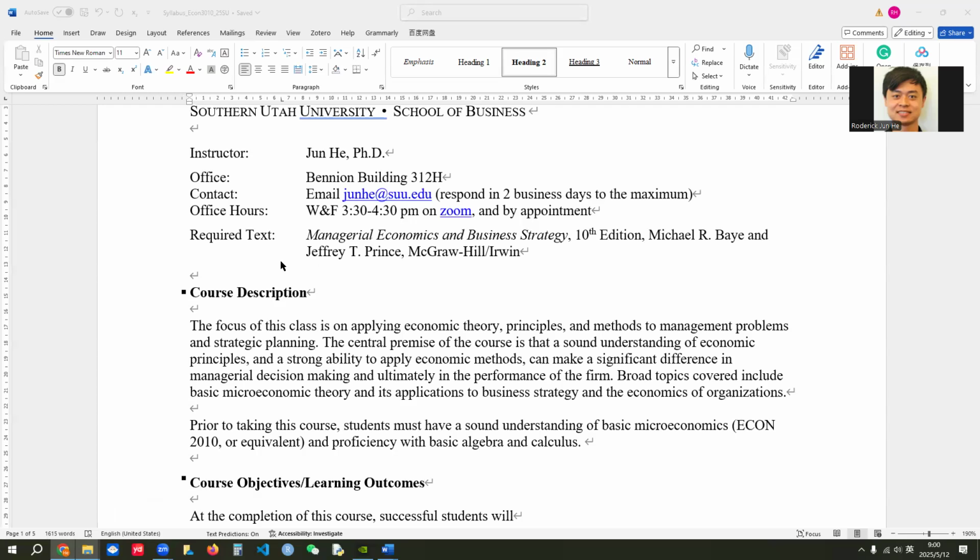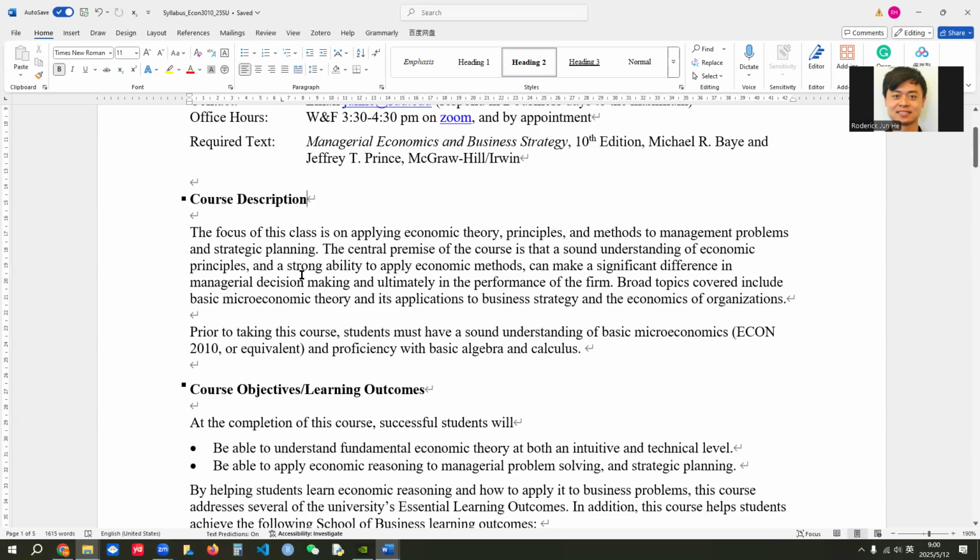A brief introduction of this class is that it is to apply economic theory, principles, and methods to management problems and strategic planning. The central premise of this course is that a sound understanding of economic principles and a strong ability to apply economic methods can make a significant difference in managerial decision making and ultimately in the performance of the firm, which is potentially beneficial to your career in the long run.